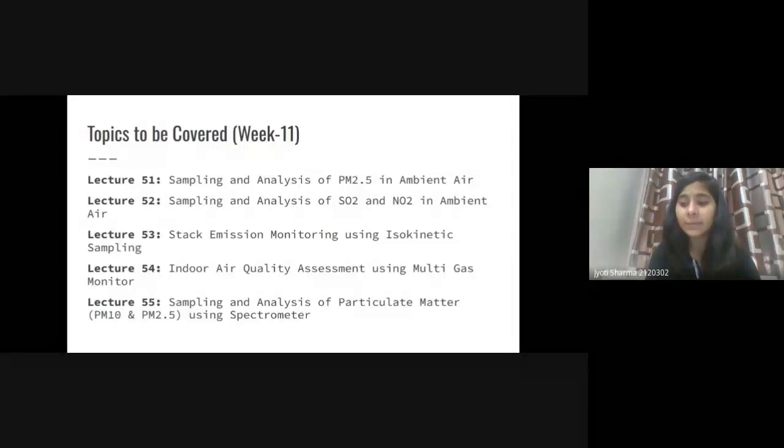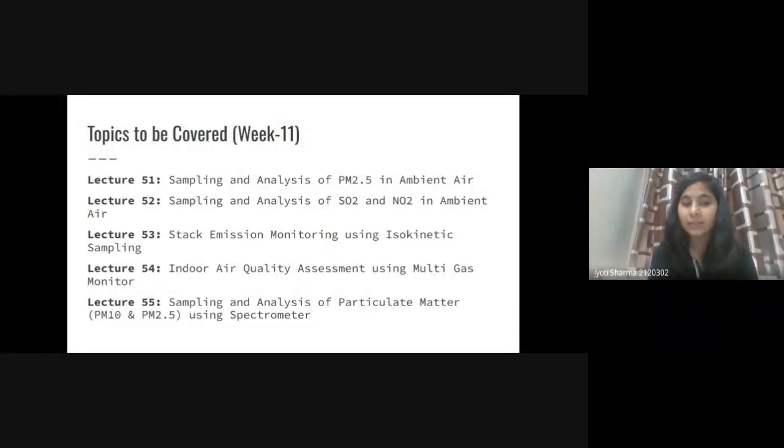Then there are some instruments that we can explore to get the concentration at your house, that is, to know the quantity of particulate matter present indoors, so we can also estimate it using some instrument. We will talk about that.